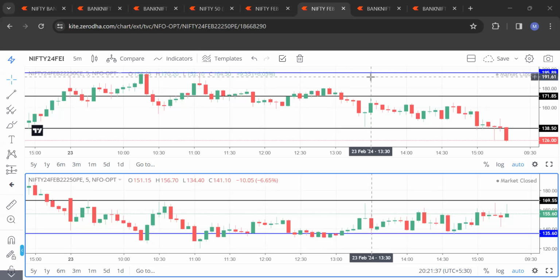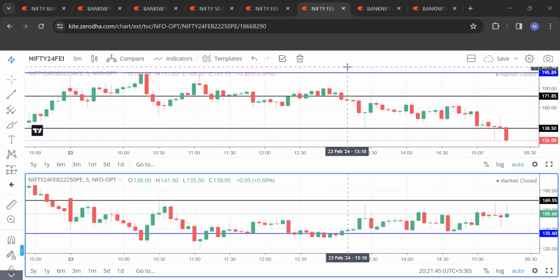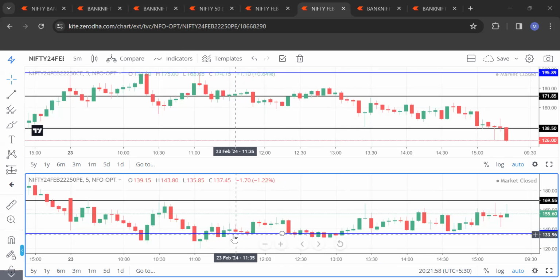Hello, sir. Actually, today I checked the Nifty option charts. I took one common point and I drew the SPP line. So could you please draw the SPP line also there? SPP, whatever it is. 143.75. Just draw it now, 143.75.